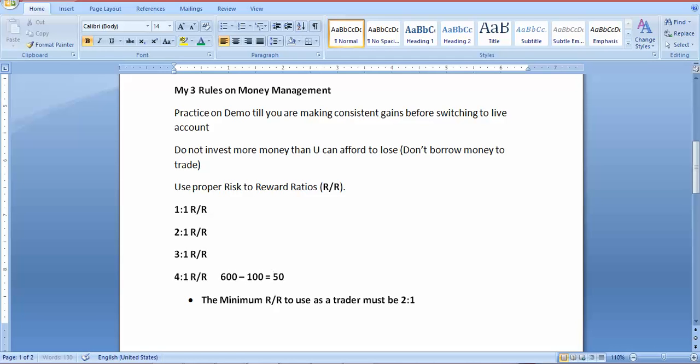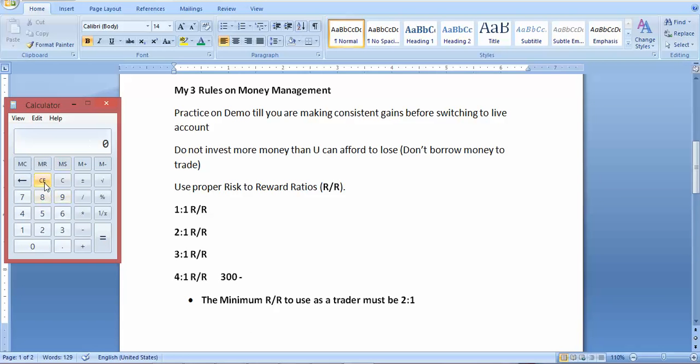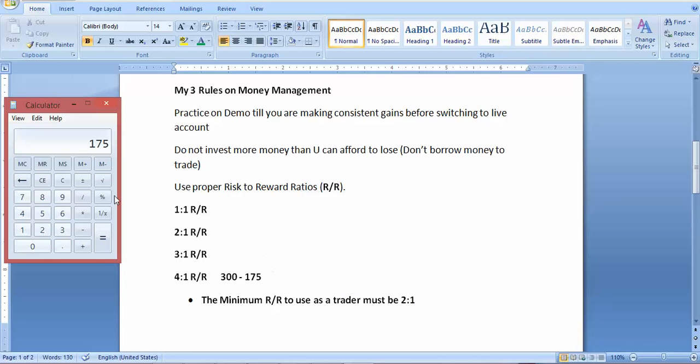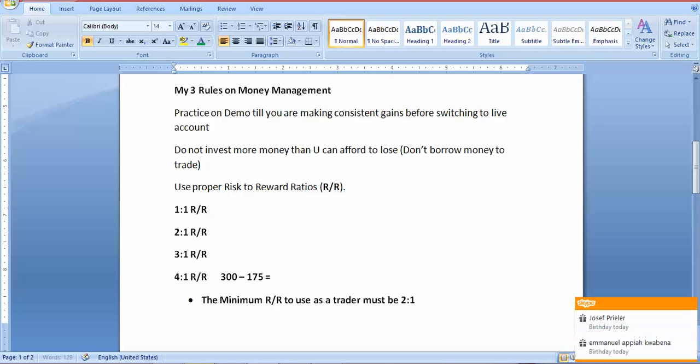Then your profit will be 500. And if you won 3, which will be 300 minus 7 times 25, equal to 175. So therefore 300 minus 175 is 125. So we go to positive 125.